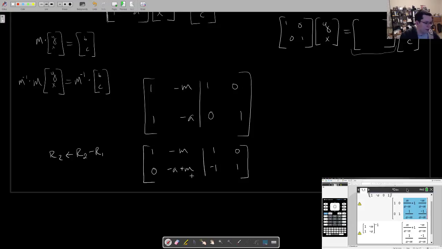Now I can divide by negative a plus m. We'll do row 2 gets to be row 2 times 1 over m minus a. We have 1, we have negative m. This is probably the way I should have done the other one, because the other one got way ugly, way fast.